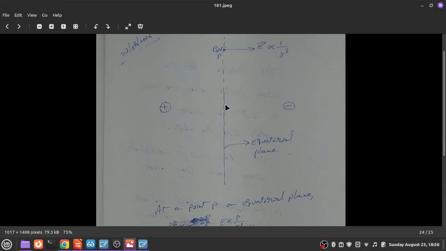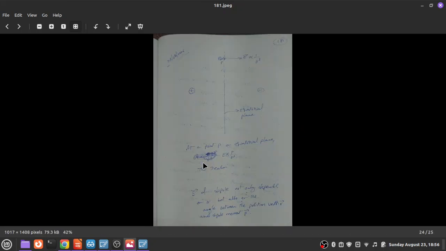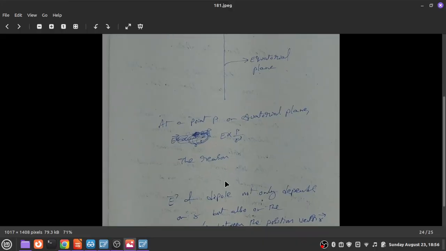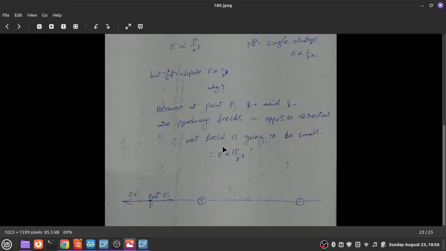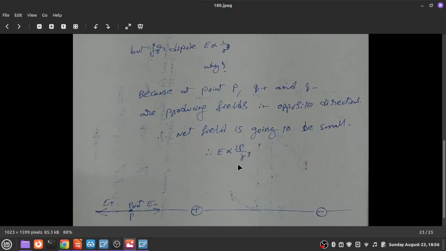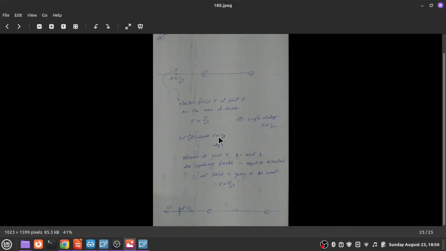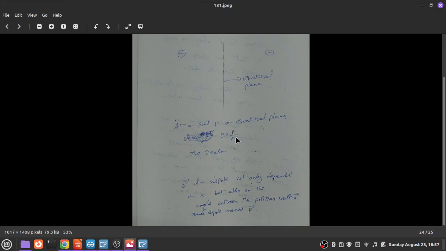So whenever you find the electric field inversely proportional to r cubed, that case corresponds to an electric dipole. Along the axis at some point, the electric field is proportional to 2p by r cubed. But along the equatorial plane, the electric field is proportional to p by r cubed. That is the difference.